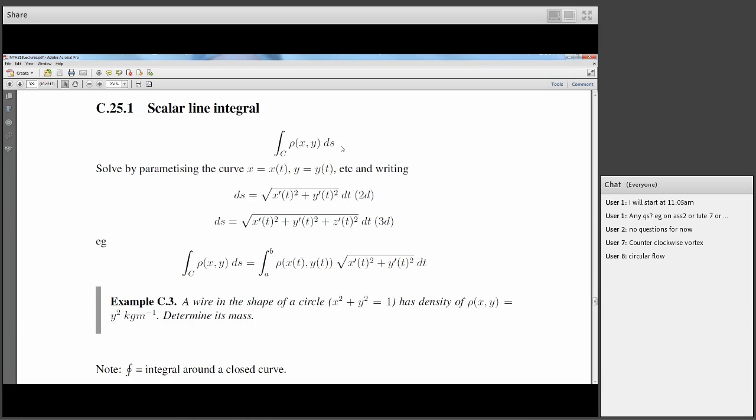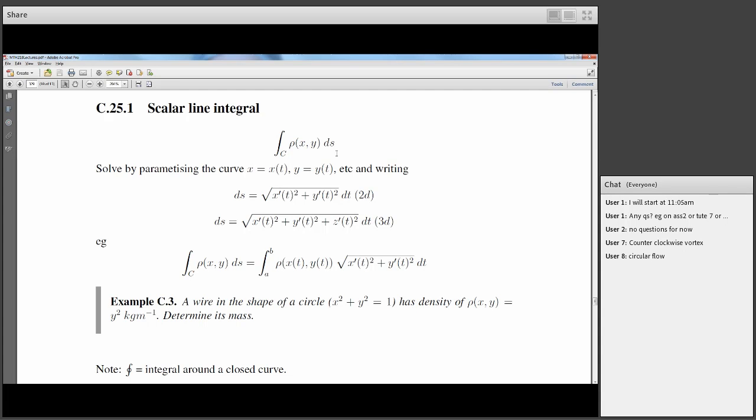And the calculations, you'll notice, are really similar to what you might have done in Maths 101. So what it corresponds to, some applications of this thing is, if you want to work out the length of a curve, then you'll just integrate 1 ds. So you make this function here, the rho xy, if you make that equal 1, that will give you the length of a curve. So that's one useful application for it.